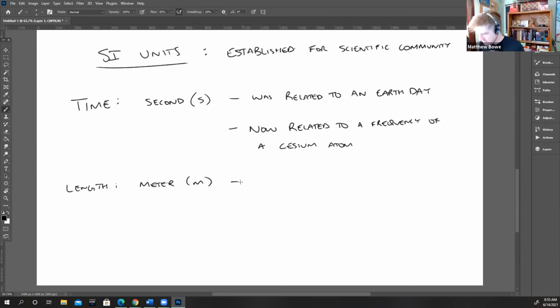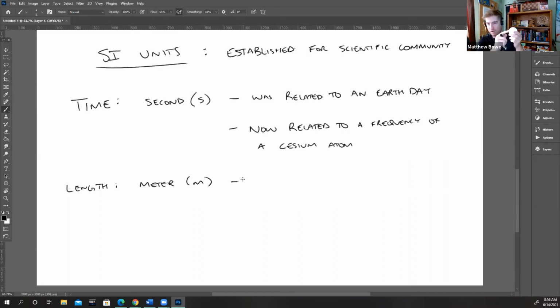It was at one point, like all things, with good intentions, related to the distance from the equator moving up to the North Pole. So you measure from the equator on Earth, and you go directly to the North Pole. I don't have a ball to show this. I have a light bulb.